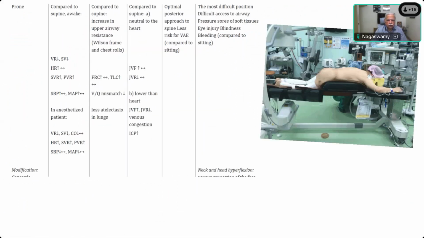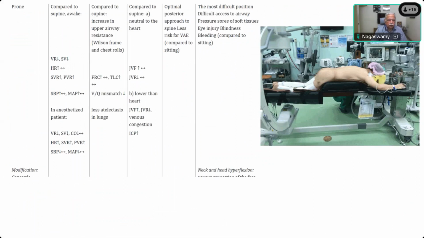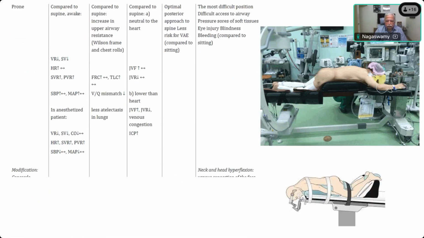And prone position is adopted as the indications were told. And again, what are the changes that happen in the cardiovascular, respiratory systems, and the benefits and risks. And any name for this particular position? You can see the difference between this picture and this picture. What is the difference that you see?